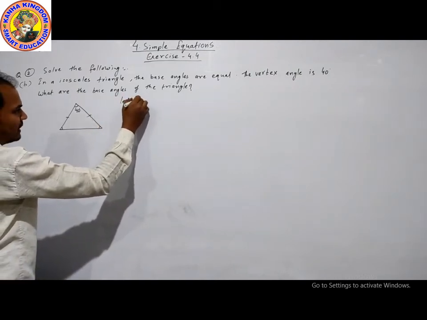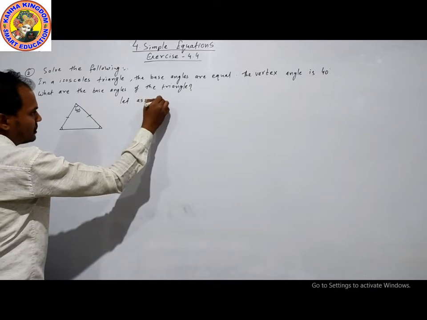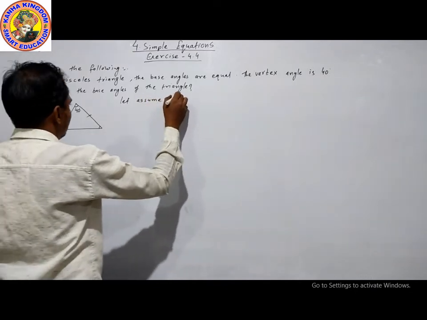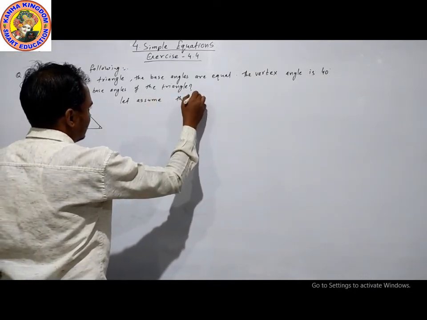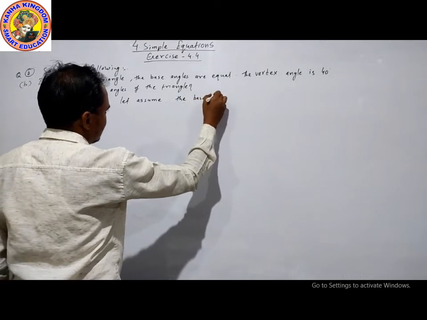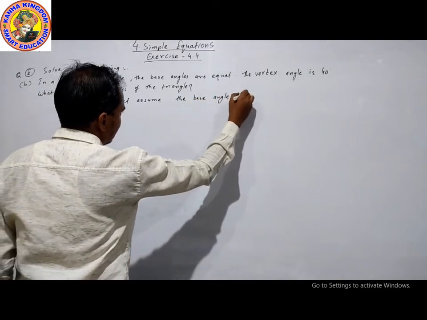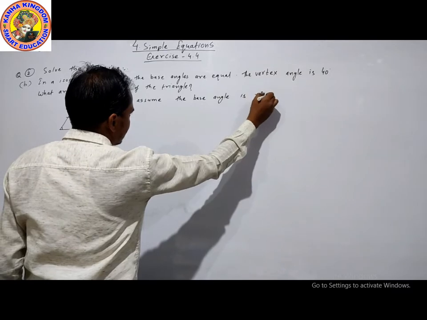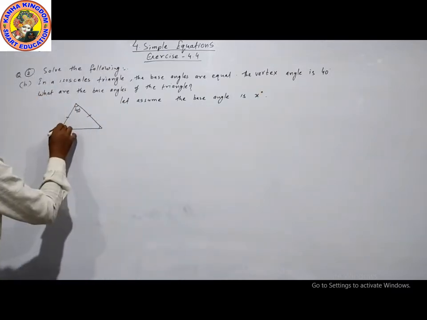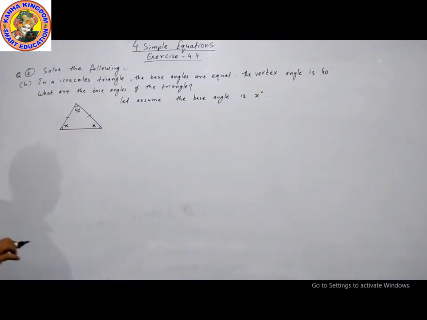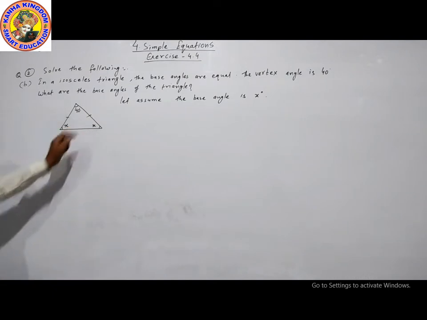First of all, let's assume the base angle is x degrees. So these are x and x degrees, the equal base angles.